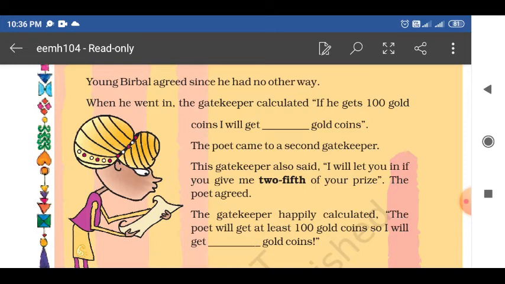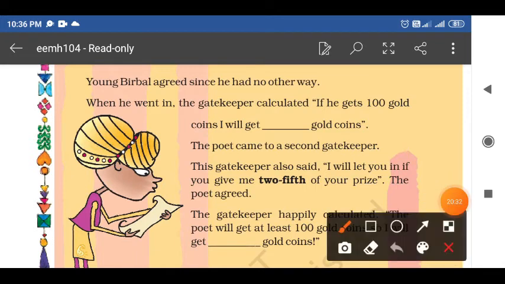Young Birbal agreed since he had no other way. Young Birbal said, okay. When he went in, the gatekeeper calculated, if he gets 100 gold coins, I will get blank gold coins. See, the gatekeeper calculated, if Birbal got 100 gold coins, how much will he get?